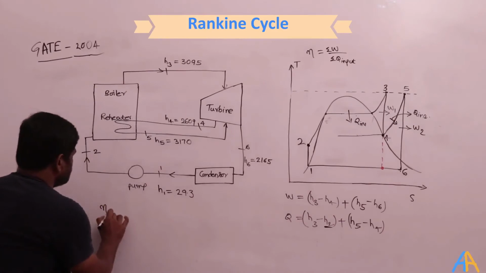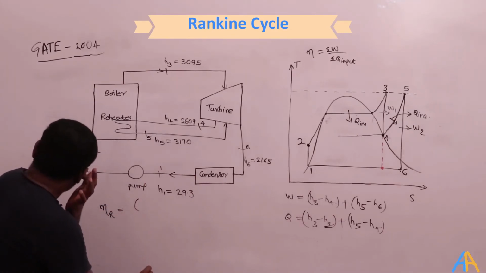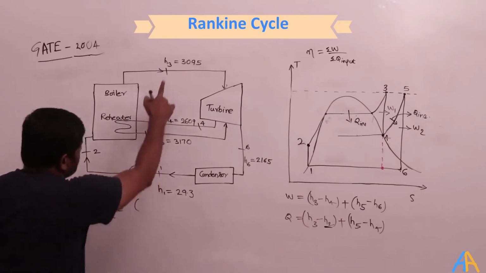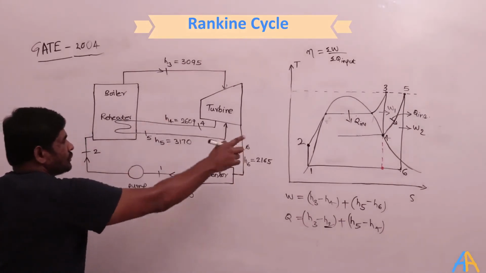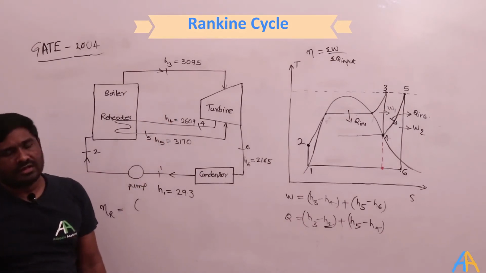calculated. So eta equals, if I substitute these values, where is H3? In the examination you need not draw this; you should be able to identify from the data and then calculate.